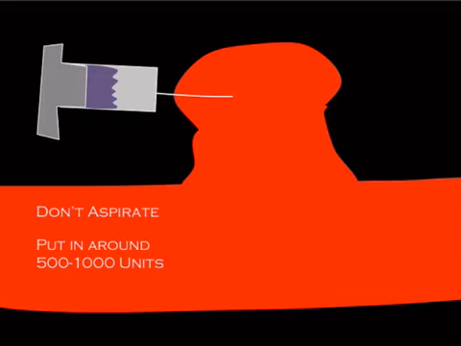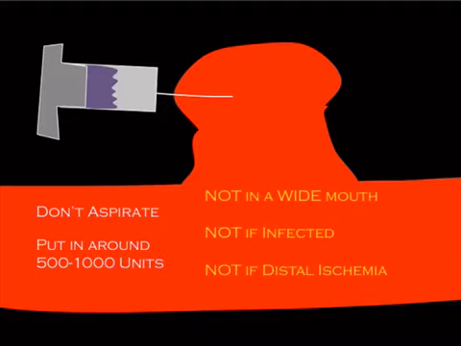You don't want to shower this stuff everywhere. It's going to create a bunch of emboli, right? You can't be sticking it if it's infected. Makes sense. You don't operate in a dirty wound bed like that if you can help it. Instrument it. And you're not supposed to mess with it if there's already distal ischemia.